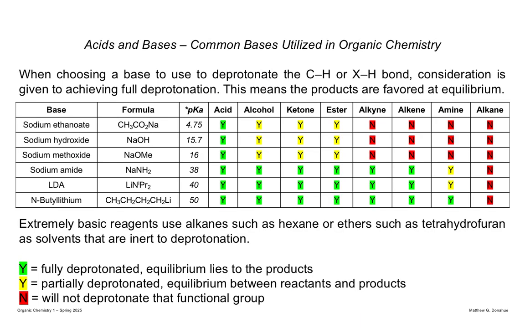So on our next slide here, there's a literal buffet of stuff on the table. Let's walk through it to understand what the sort of stoplight green, yellow, red means. In the first column, there are those bases, then you see the formula. And when I say pKa, that's the pKa of the conjugate acid of the base.